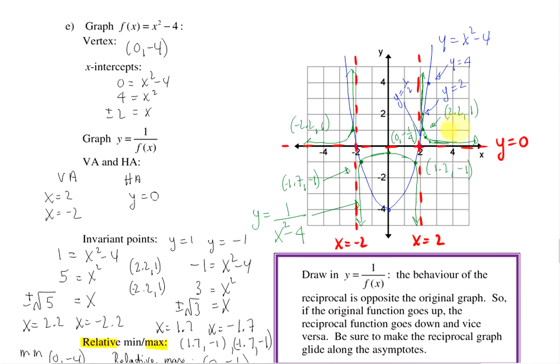Now for our range, there are two parts to the graph. There's the part that's above the x-axis, and there's the part that's below the x-axis. If you take a look at the part above the x-axis, our y values go from positive infinity all the way down, and they approach 0 but never actually touch where y is equal to 0. Remember, y equals 0 is on the x-axis. So for both parts at the top, we have infinite values for y in the positive direction. We just will never get a value for y equals 0.